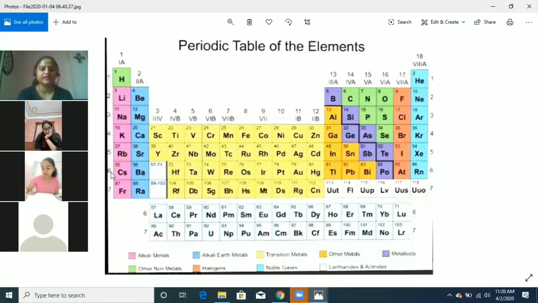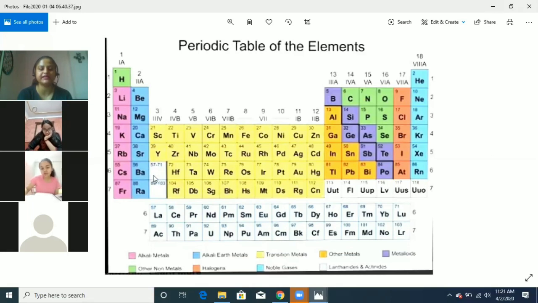Again, you can see before CS 6 is written, and before LA 6 is also written. Same as before FR, this FR 87, 7 is written, and before AC actinium again 7 is written. Means these two horizontal lines belong to these two periods.